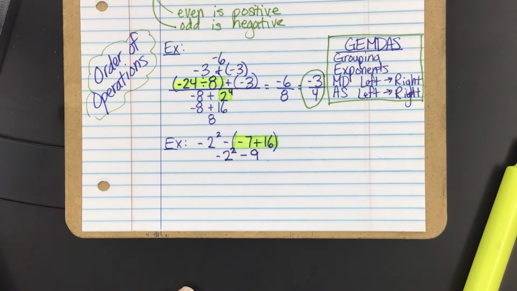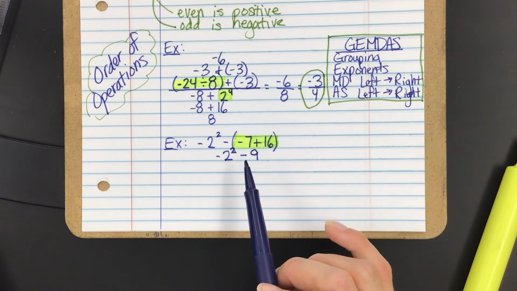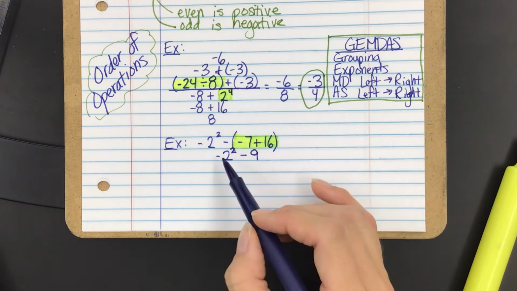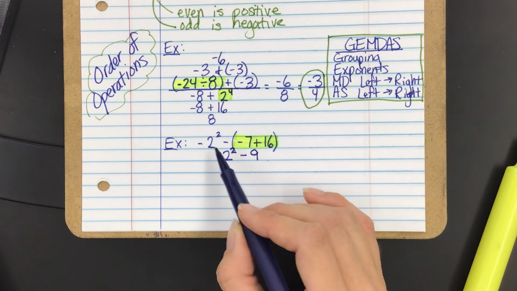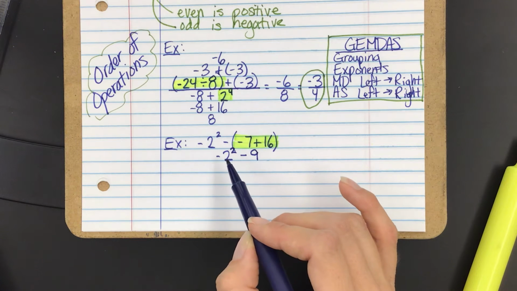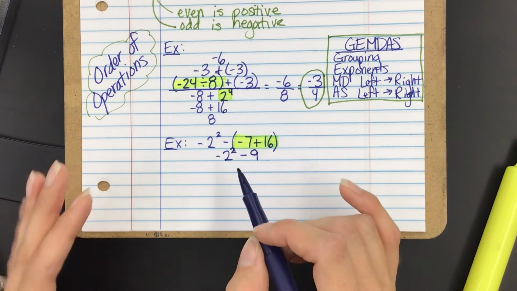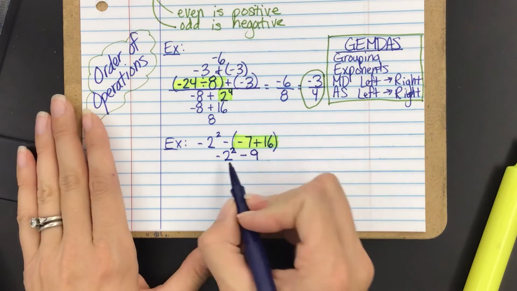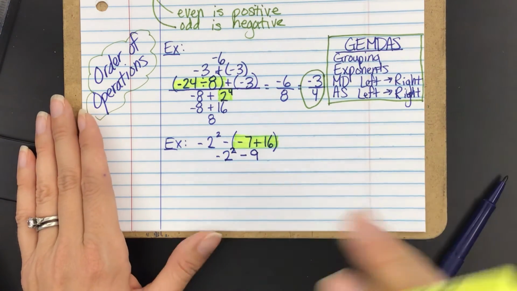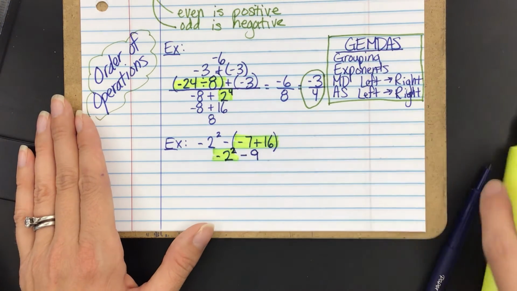Now at this point, I have an exponent and I have subtraction. The negative here is not in parentheses, so we only apply that exponent to the 2. 2 squared is 4, and because the negative is not in parentheses, it's going to be negative 4.